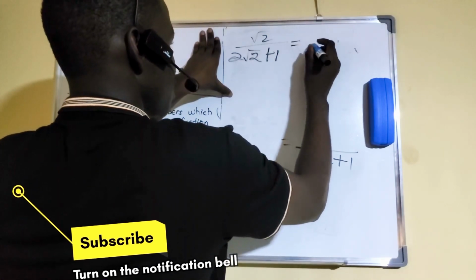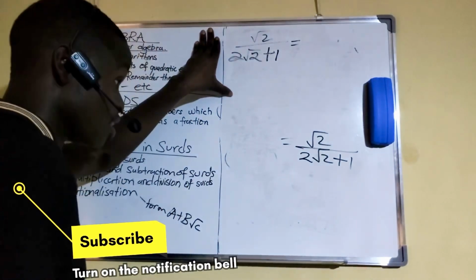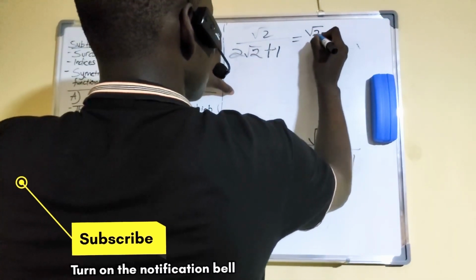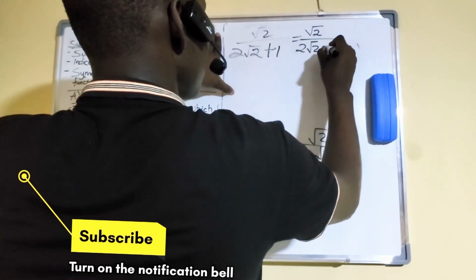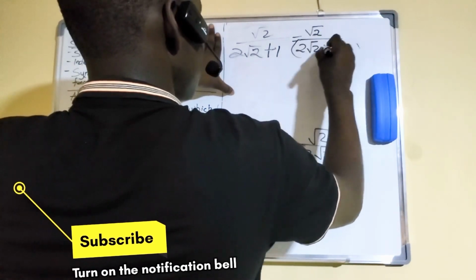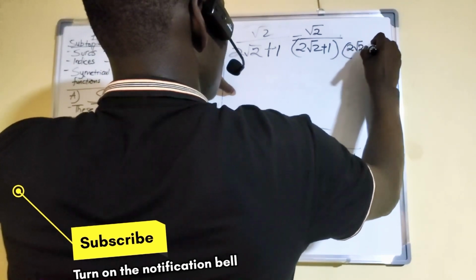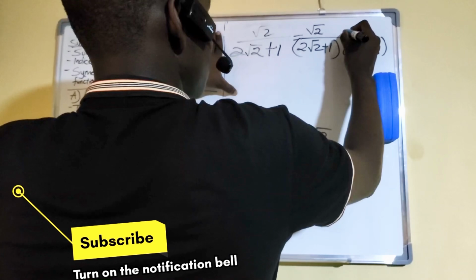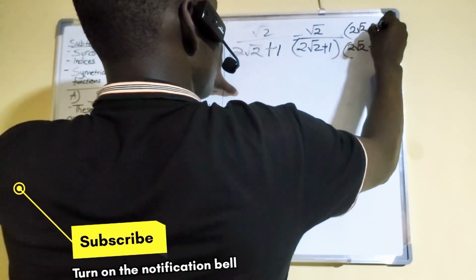This is the same thing as I'm going to change the sign here, multiply the same thing up and down. So I shall have root 2 over 2 root 2 plus 1, then times 2 root 2 minus 1, just changing the sign here, then still here times 2 root 2 minus 1.